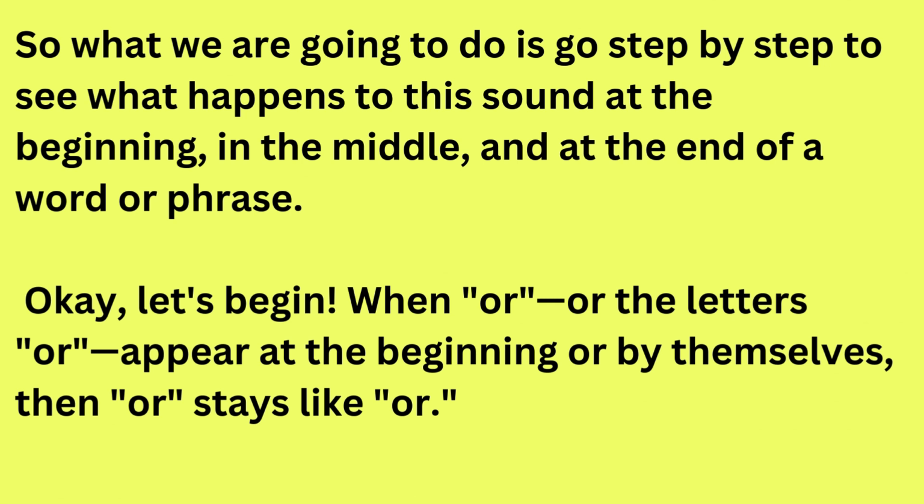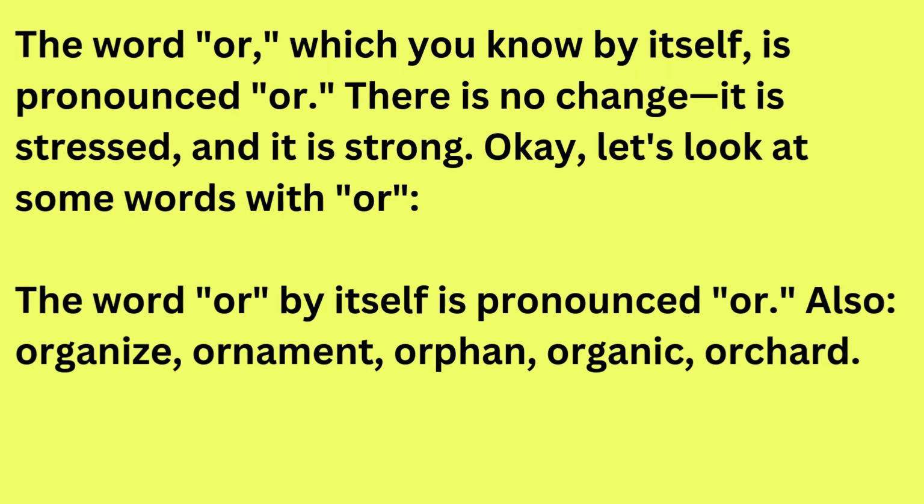Okay, let's begin. When "or", the letters o-r, appear at the beginning or by themselves, then "or" stays like "or". The word "or", which you know by itself, is pronounced "or". There is no change. It is stressed and it is strong. Okay, let's look at some words with "or".